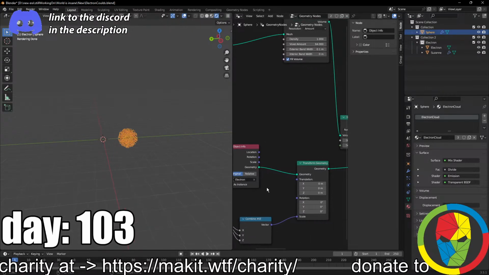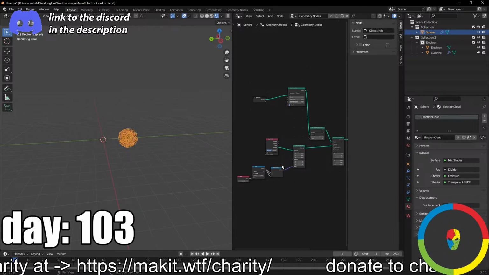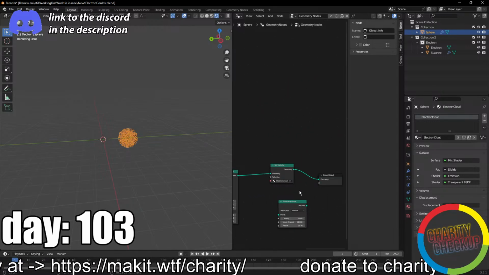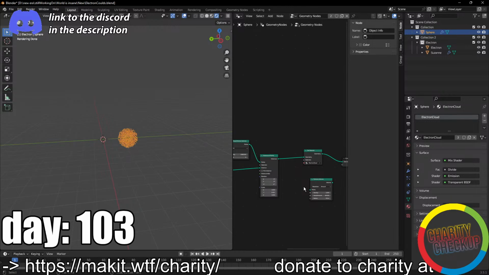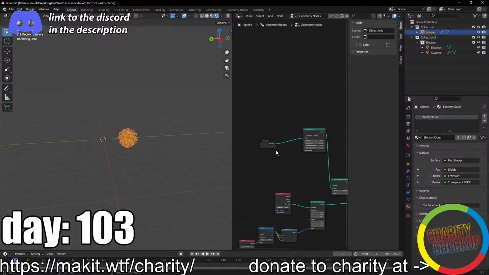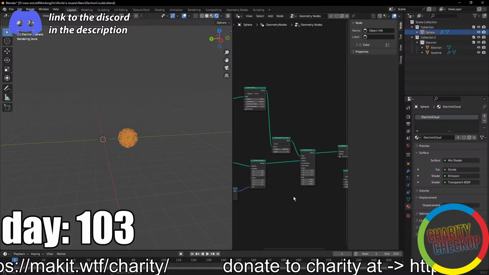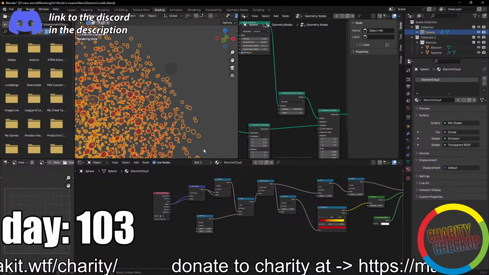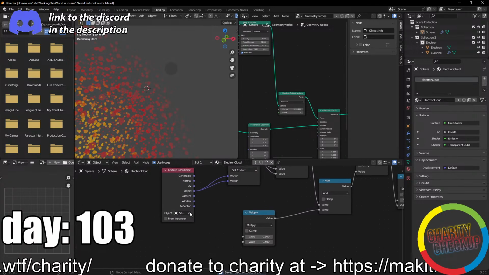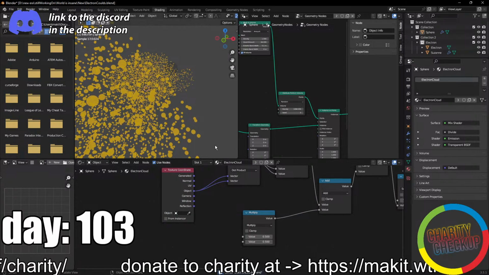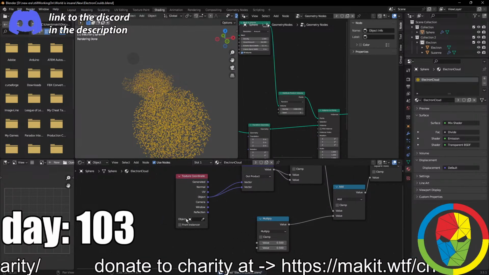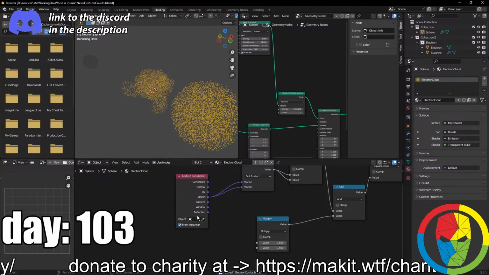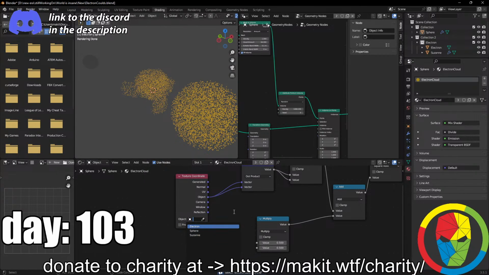Oh, maybe I was changing the wrong one. Oh, I was changing the wrong one. I'm such an idiot. Okay, so the distance. Oh, the distance. I'm such an idiot. It's over here. And it's an object. I should just delete this and just... From instance. Nope, object.